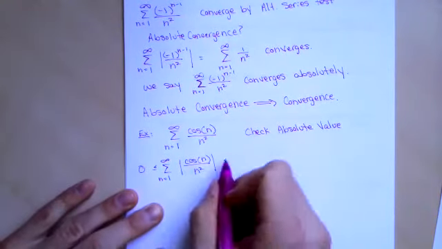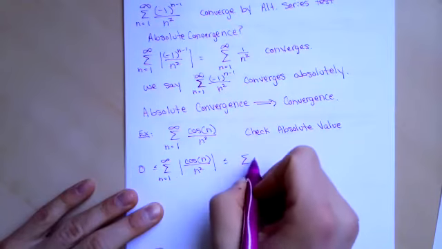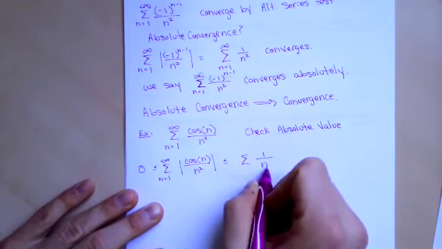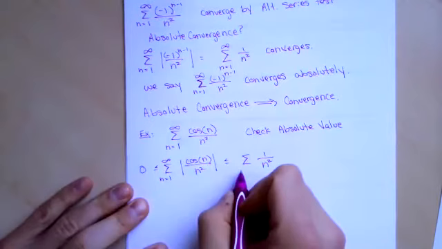And I can now bound it by a comparison test with just 1 over n squared, since the absolute value of cosine is always going to be less than 1.